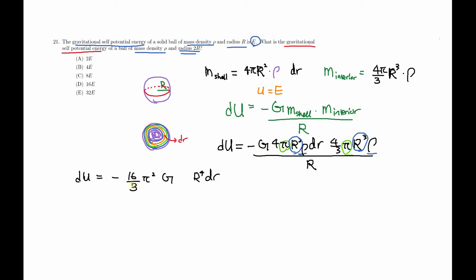Alright, so now I'm gonna integrate both sides. Since these are constants, I can simply integrate where the r to the fourth and dr are located.